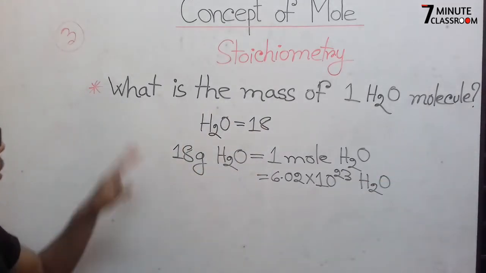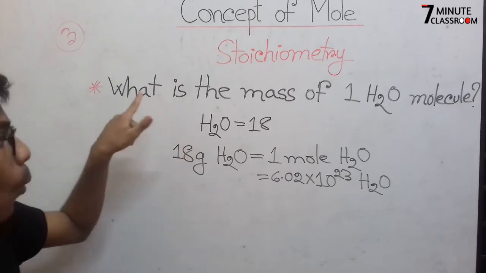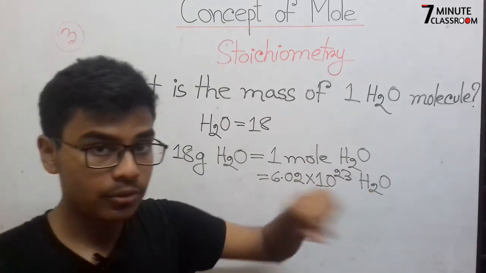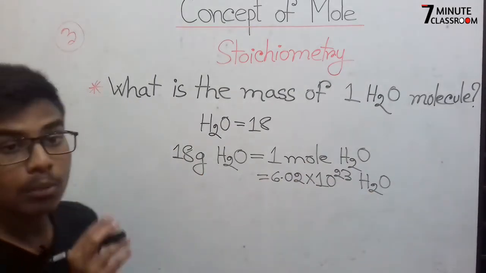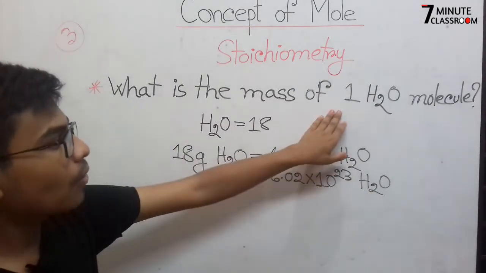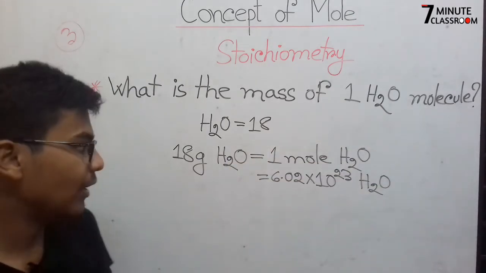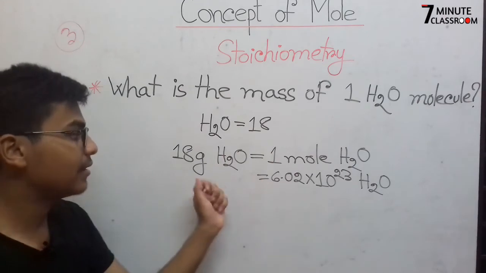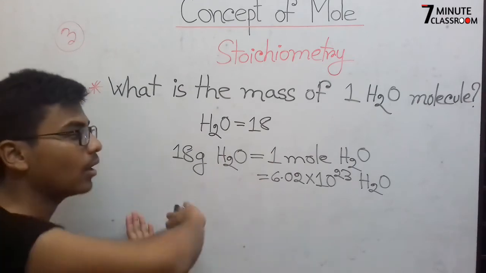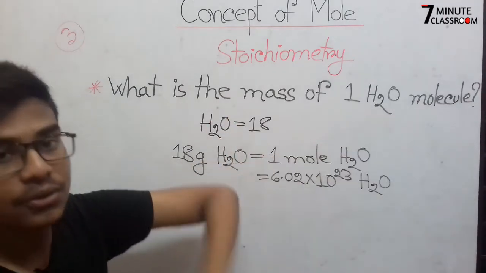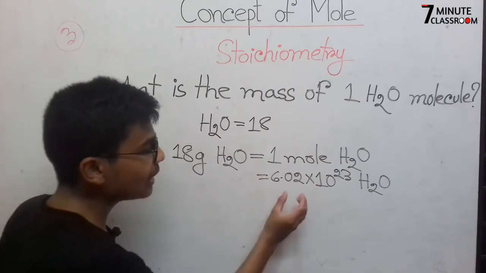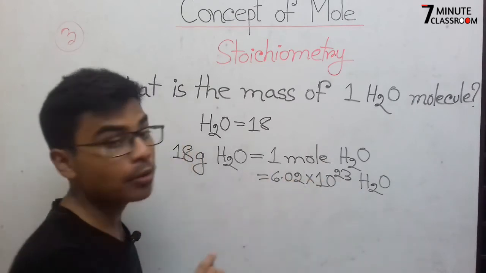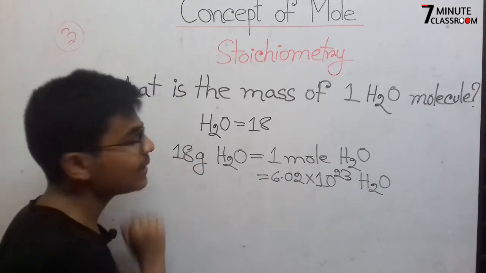Just see the question: what is the mass of one H2O molecule? We have to find the mass of one H2O molecule. Here we just have to exchange this number. We found that the mass of 6.02 into 10 to the power 23 H2O molecules is 18 gram.